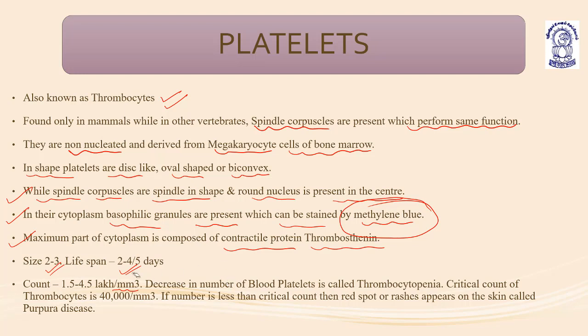Okay. The critical amount of thrombocytes is 40,000. It should not be below this level. If the number is less than this level, then it becomes thrombocytopenic purpura. The disease is thrombocytopenic purpura.